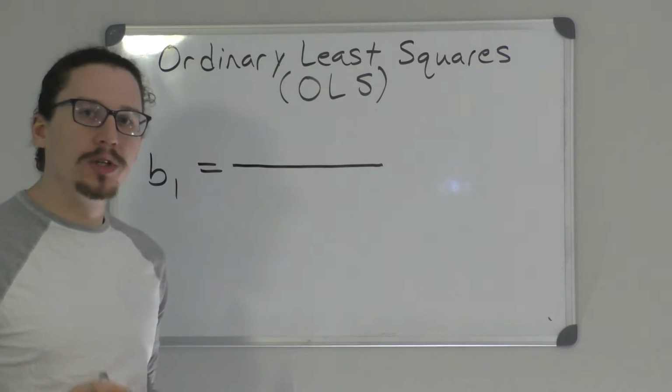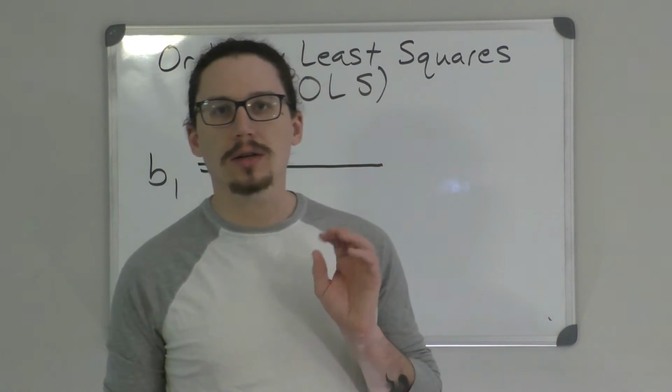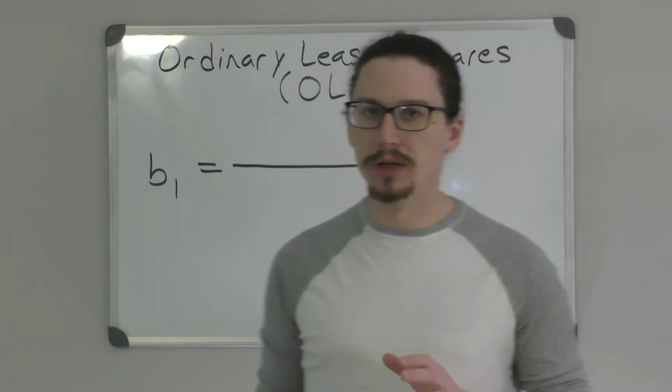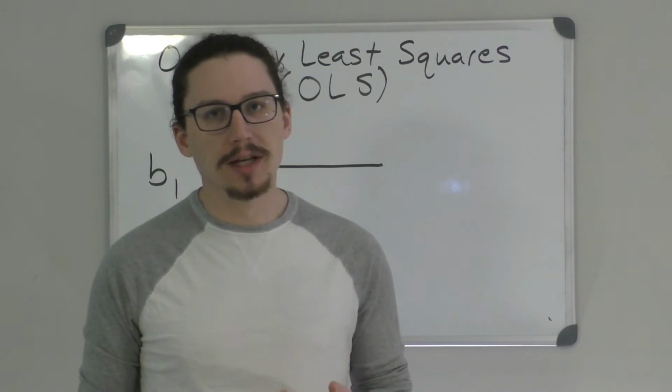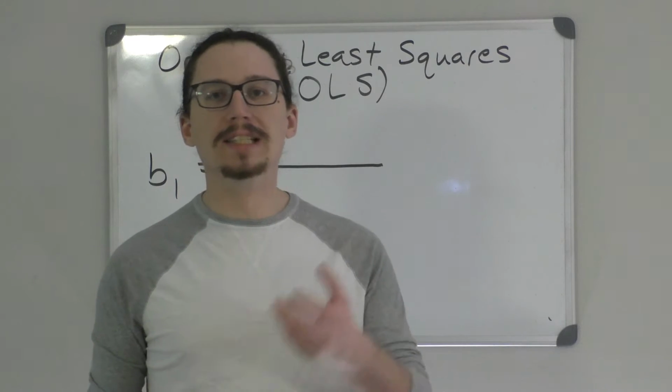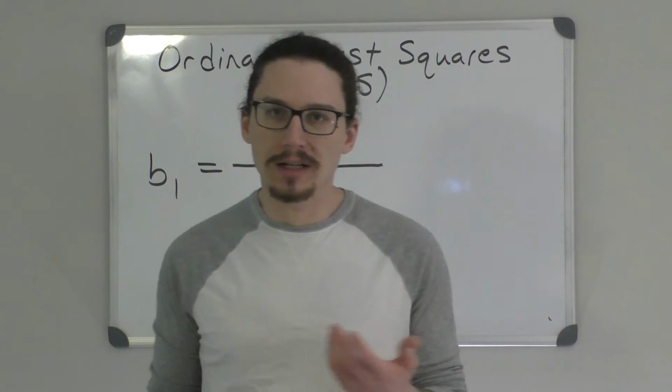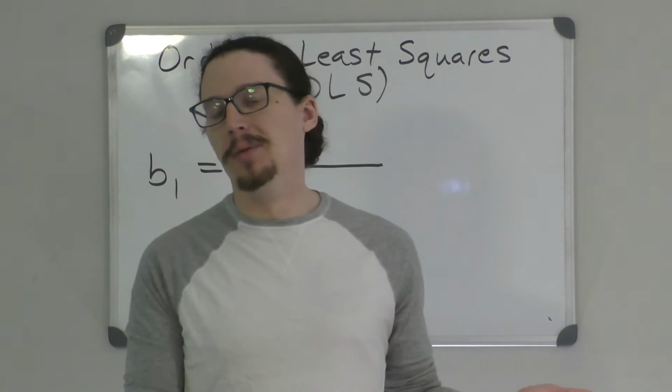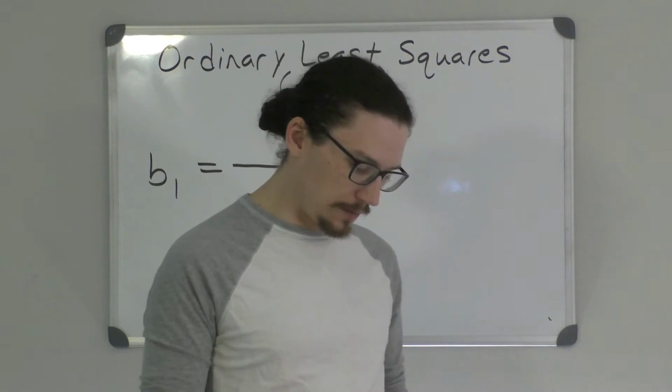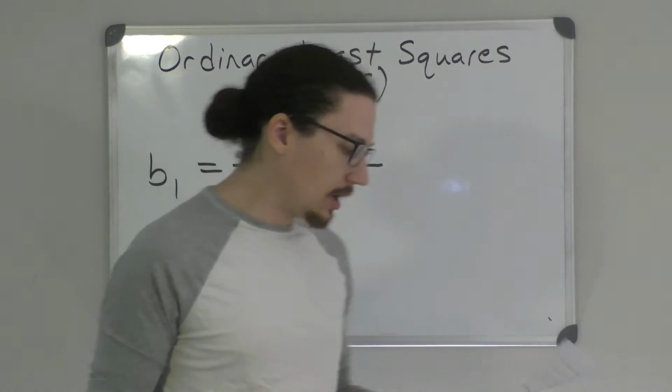When we start to calculate a regression equation, we have to start with b1. The reason for this, as we're going to see shortly, is that b1 is in the formula for b0, so we can't find b0 without finding b1 first. All right, and here is our formula.